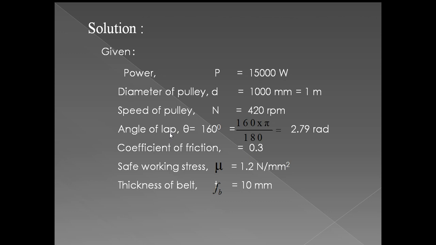So that is 160 into pi by 180, which is 2.79 radians. Coefficient of friction is 0.3. Safe working stress is 1.2 Newton per mm square, and thickness of the belt is 10 mm.